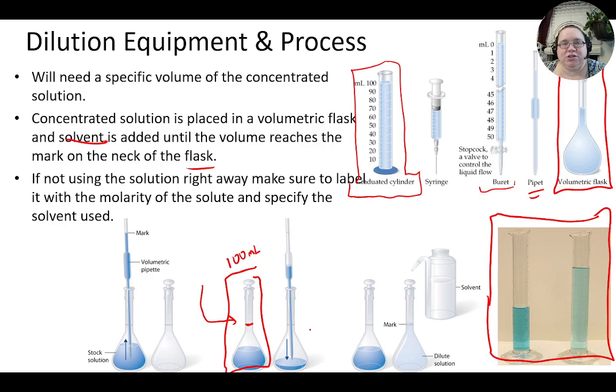You put in the graduated cylinder your initial concentrated solution, that initial volume that you wanted, and then you just keep adding your solvent until you get up to that desired volume. Graduated cylinders are not as precise as a volumetric flask, so you're not going to have the exact concentration that you think you have, but for what we do in high school chem, it's sufficient enough.